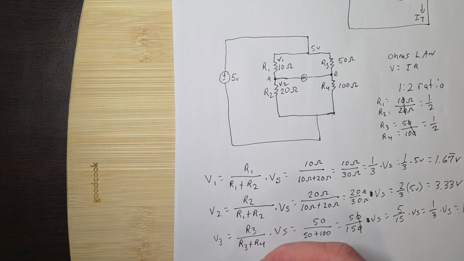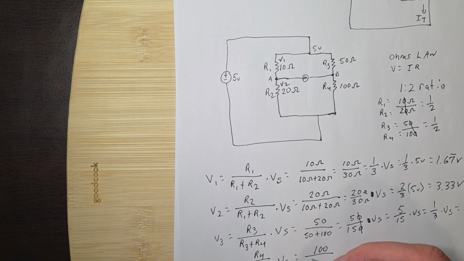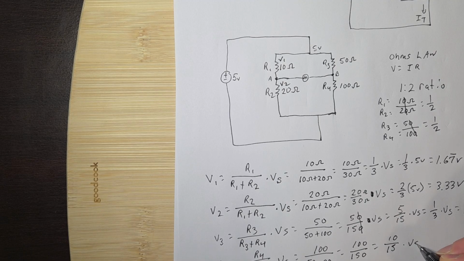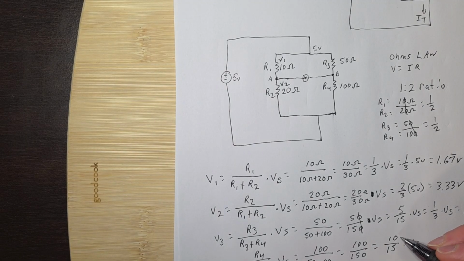And same here, V4 will be R4 over R3 plus R4 times Vs, which is going to equal 100 over 50 plus 100, so 100 over 150, which is equal to 10 over 15 times Vs. Of course, 5 goes into 10 2 times, and 5 goes into 15 3 times.